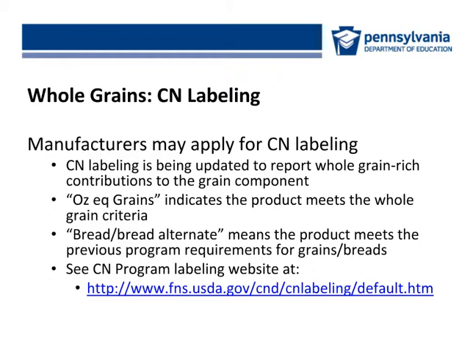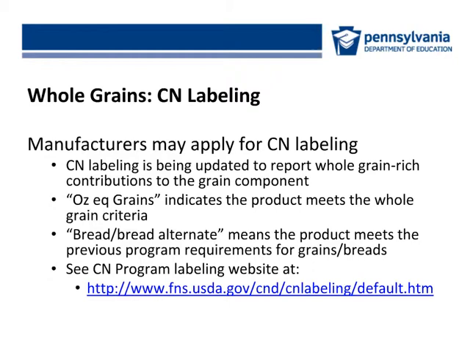Another way we can determine ounce equivalent for grains is by getting the information from a valid CN or child nutrition label. A CN label shows how the product contributes toward food-based meal pattern requirements. Manufacturers can choose to apply for a CN label. Additionally, it can be decided at the local level that school food authorities will require CN labels from its vendors. When using a CN label, you want to look for ounce equivalents to determine what an item contributes to the grain component for the current meal pattern regulations.